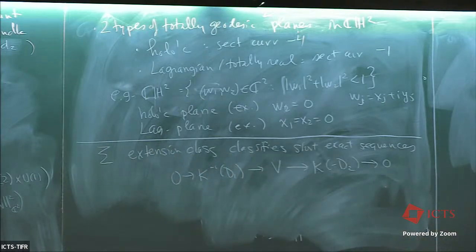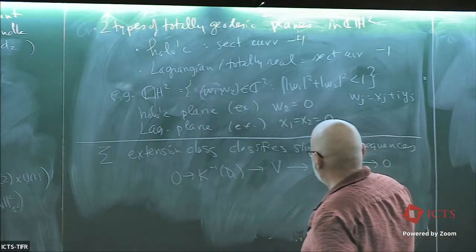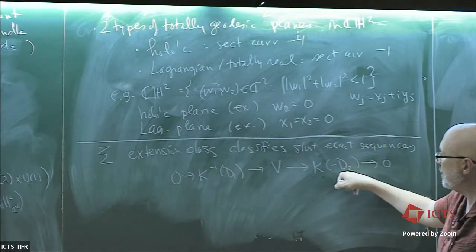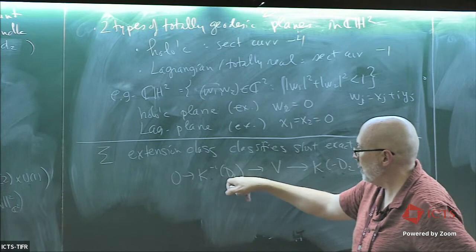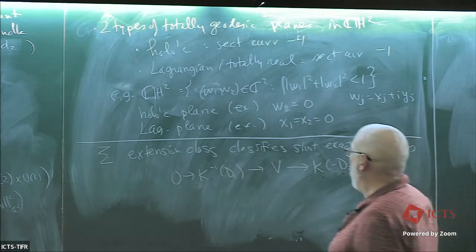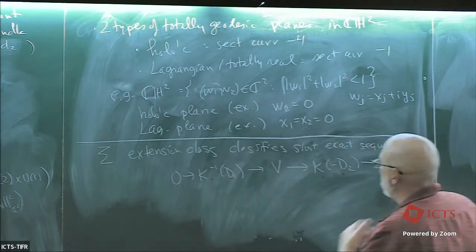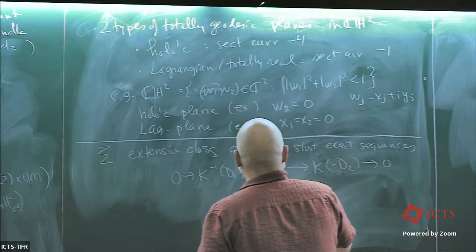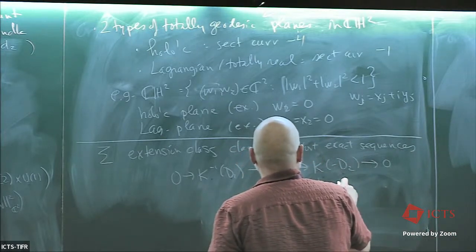Okay. So this is going to be the canonical bundle twisted by minus D2. This is going to be anti-canonical bundle twisted by D1. This is a short exact sequence, and this will be a rank 2 bundle.